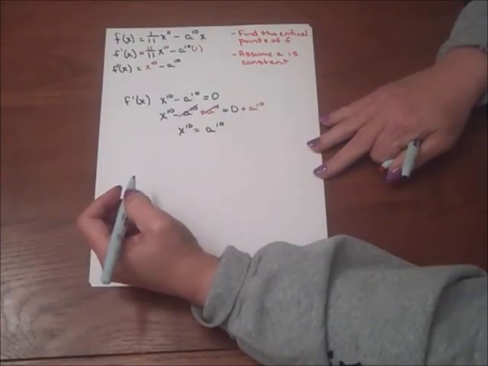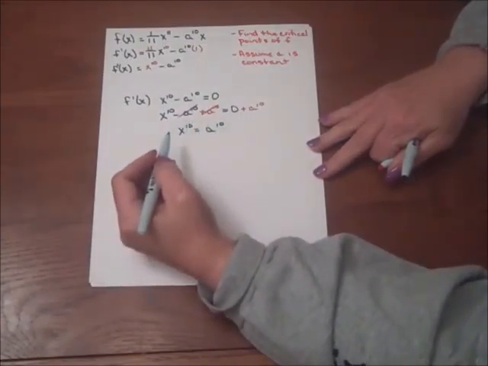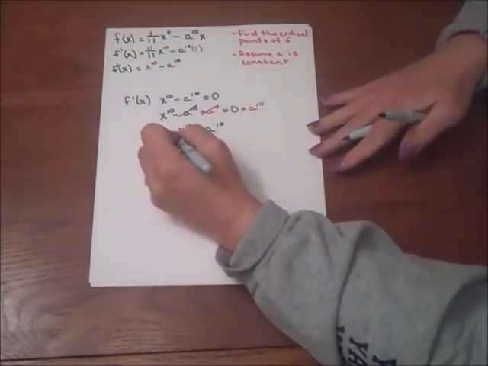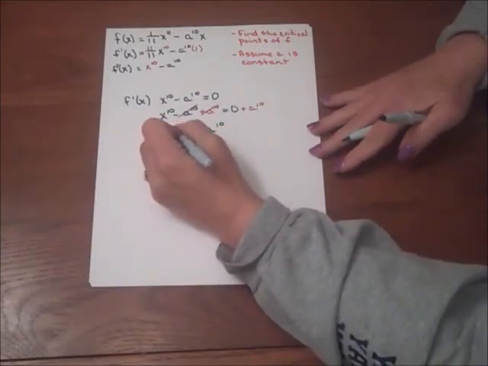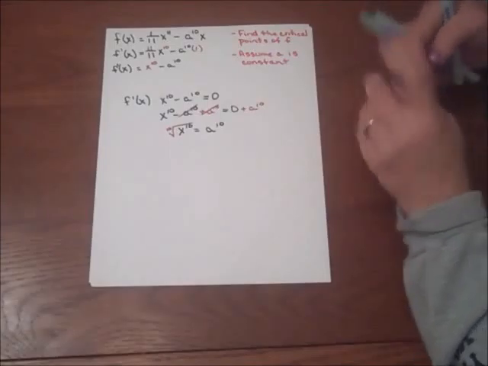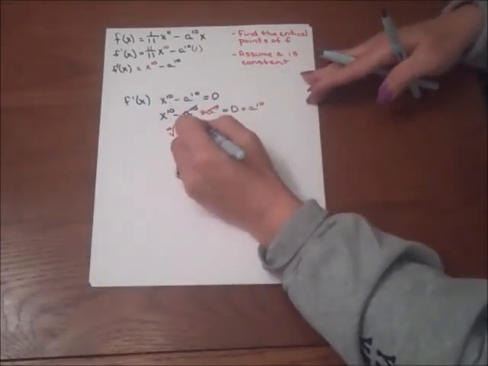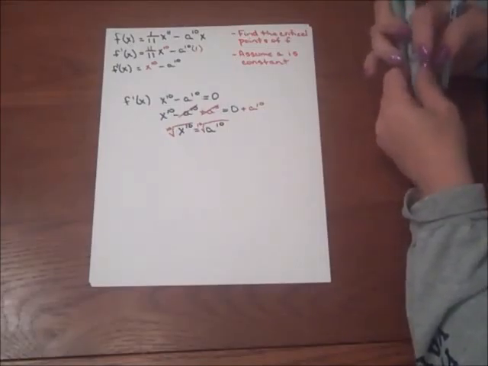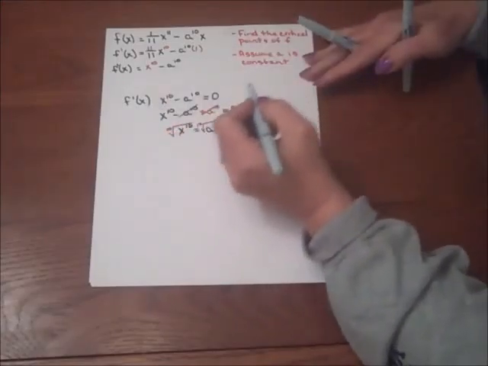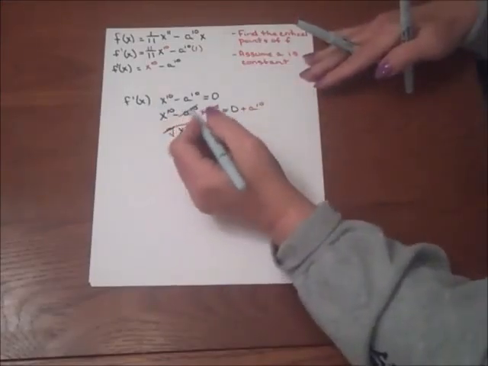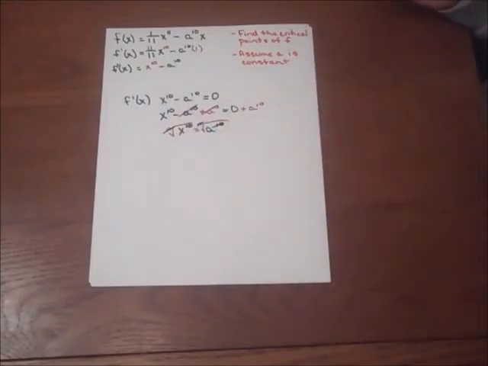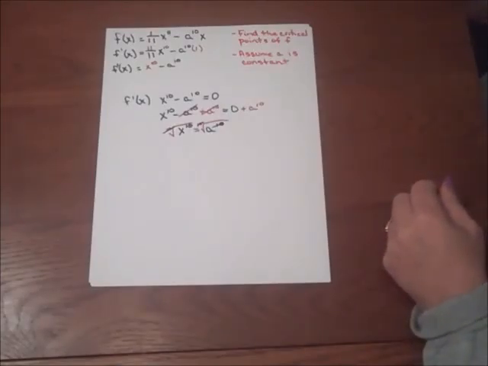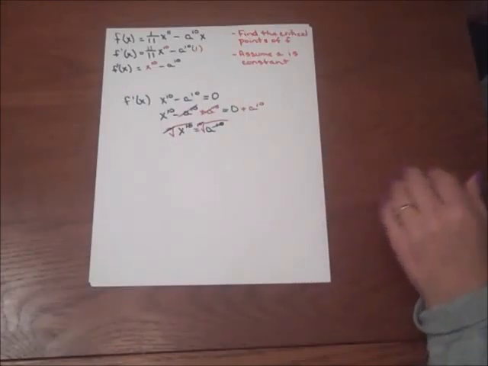Now we are solving for x. We still have a power on both sides. So to show this, we're going to get rid of that power by, of course, doing the opposite. 10th root of x to the 10th, and then 10th root of a to the 10th. And these roots cancel. I kept saying square root, and that is not right, it's the 10th root of x to the 10th and the 10th root of a to the 10th.